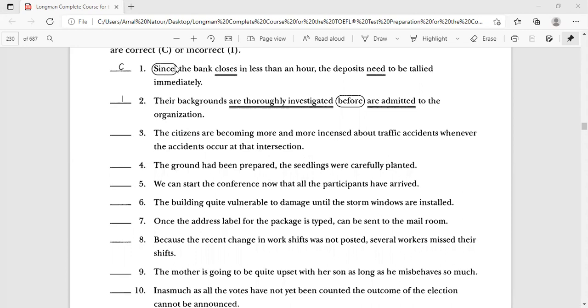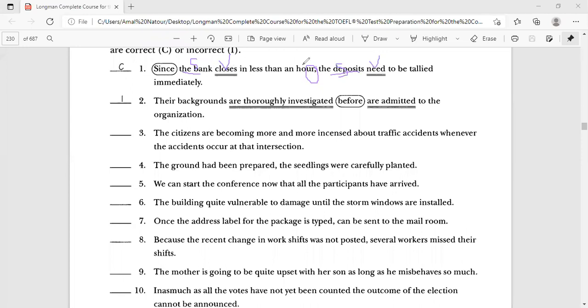The first one, since the bank closes in less than 1 hour. The bank is the subject, closes is the verb. Since the bank closes in less than 1 hour, comma, the deposits, this is the subject, need, this is the verb.